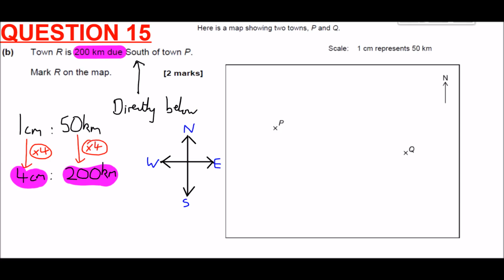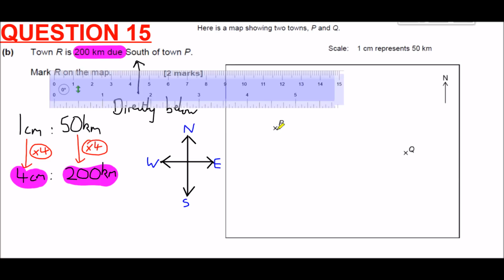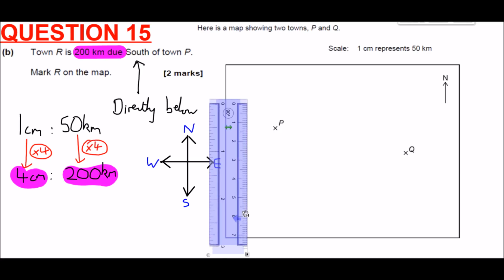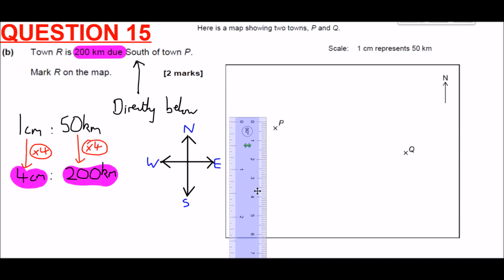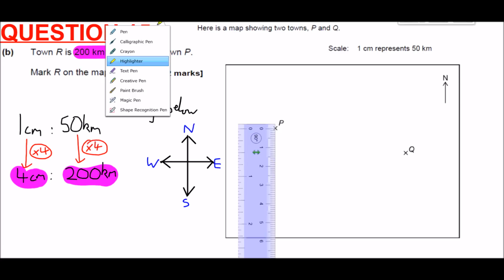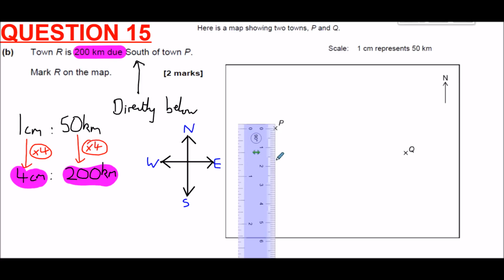So again, we need to get our ruler to hand. Put it on P and measure 4 centimetres directly below P. So start at 0 and measure 4 centimetres directly below. So that's 1 centimetre, 2, 3, 4.